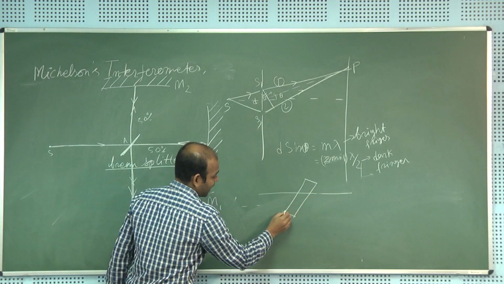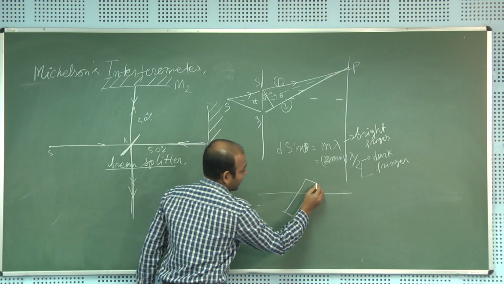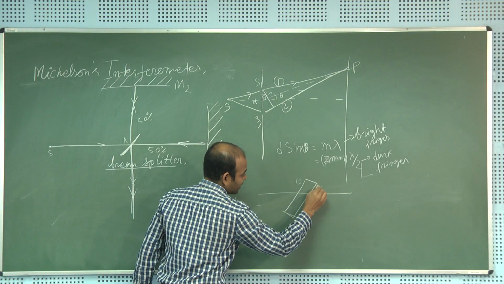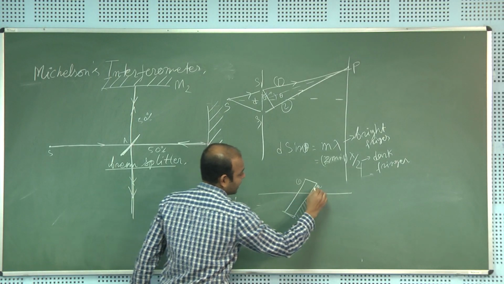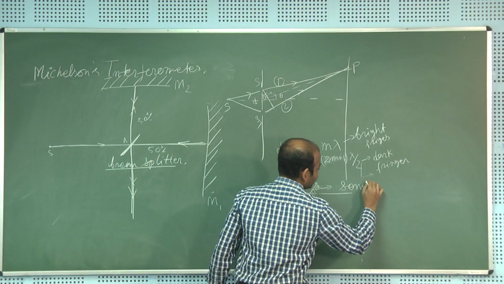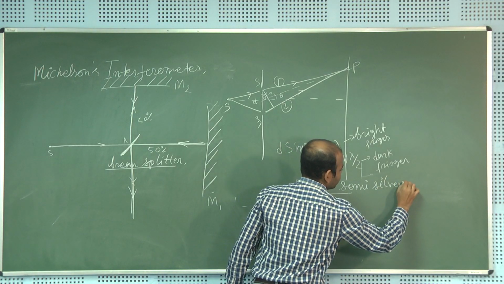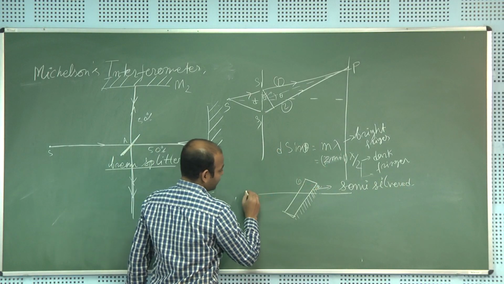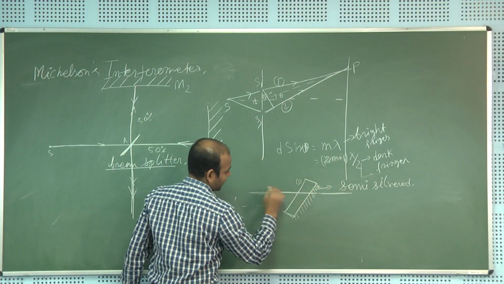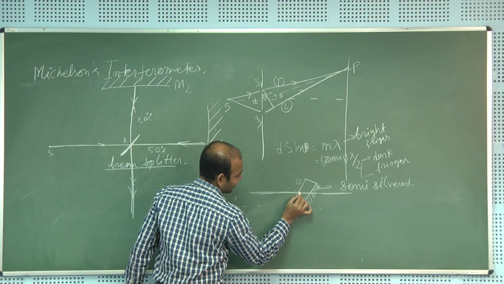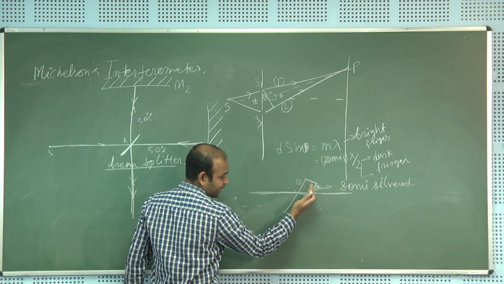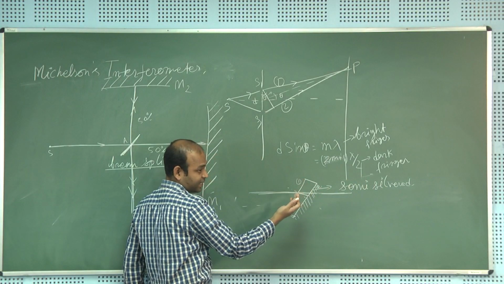We have a parallel glass plate, and there are two surfaces, 1 and 2, and on the other surface we deposit silver, so that it becomes what we can call a semi-silvered surface. When the light is incident on this, there will be a transmission, which we can understand as a refraction, and after this refraction, the bottom surface is semi-silvered, which means it has, let us say, 50% reflectivity.